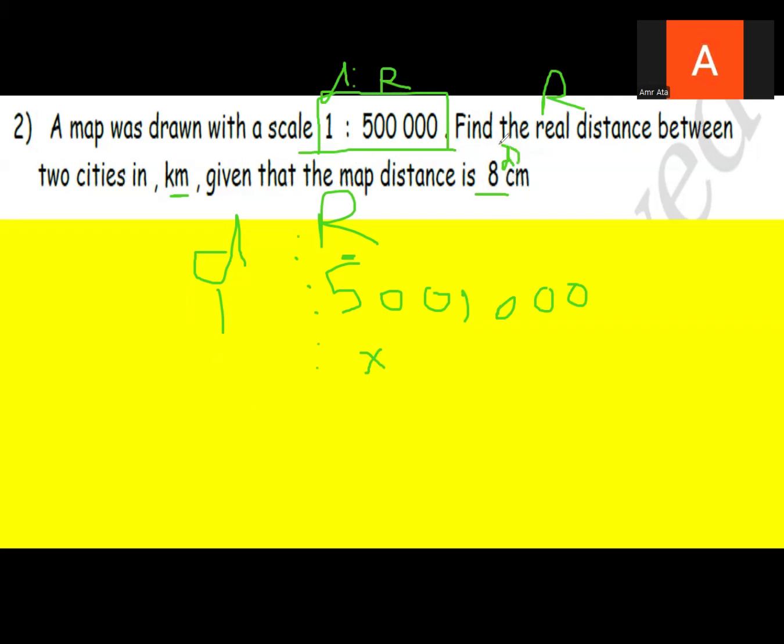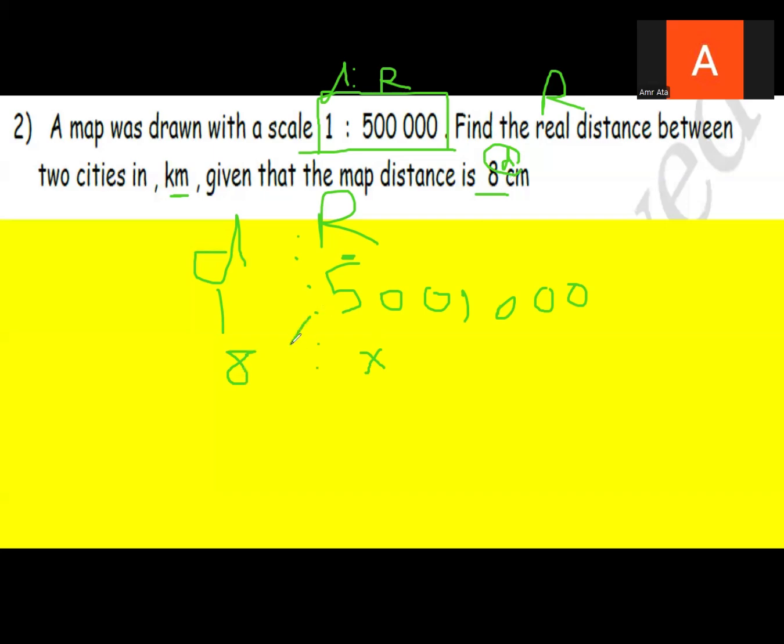Map distance in draw, so I will write here 8. This is the scale drawing. The real distance is X. I don't know it, he wants it. And he gave me the distance in draw, so I will write it here under draw.